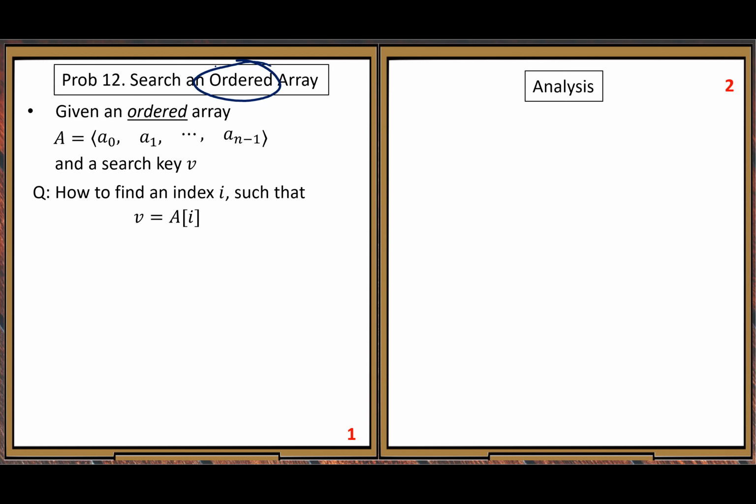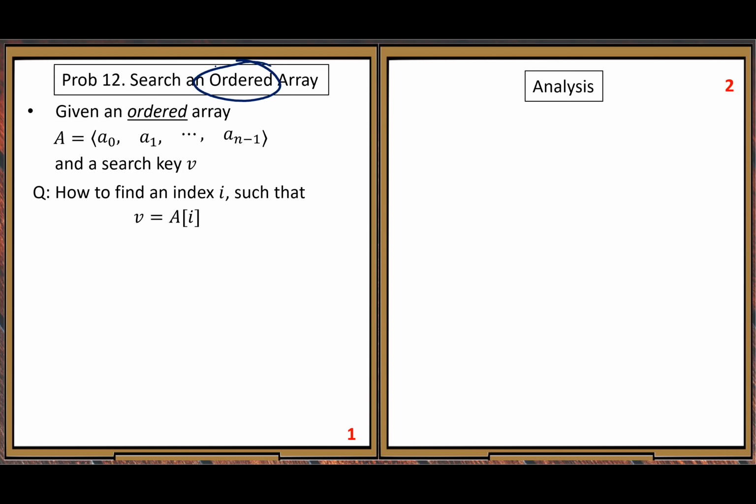All right. So here I emphasize the condition. Before you apply the binary search, the first thing you need to make sure is that your data is ordered. Why? I repeat this again and again.